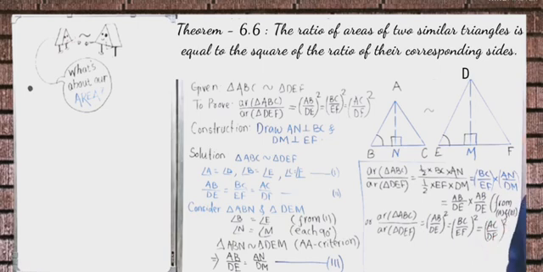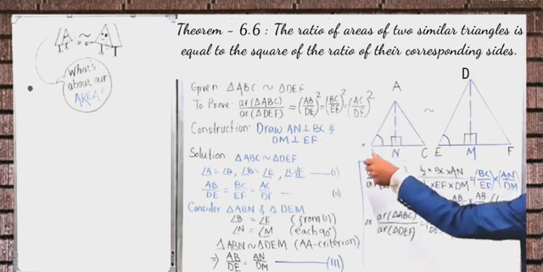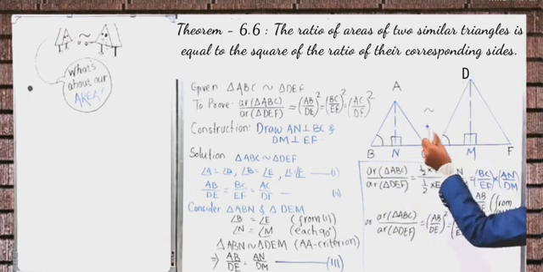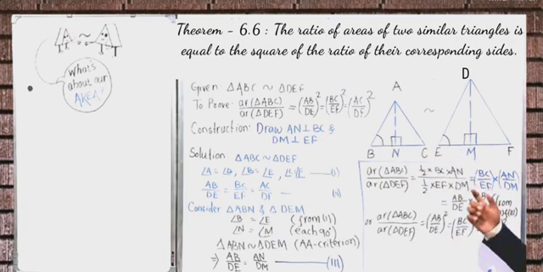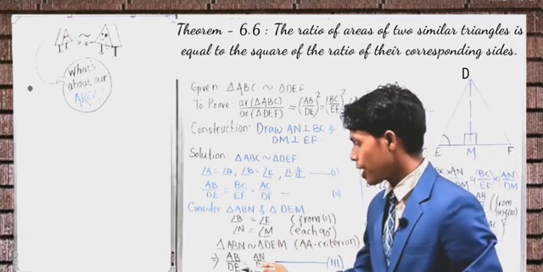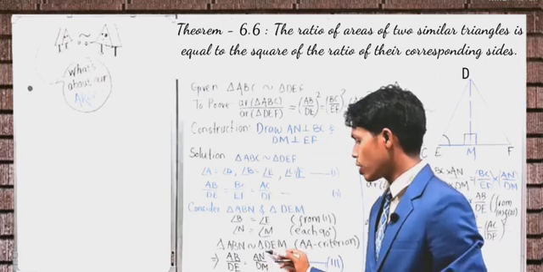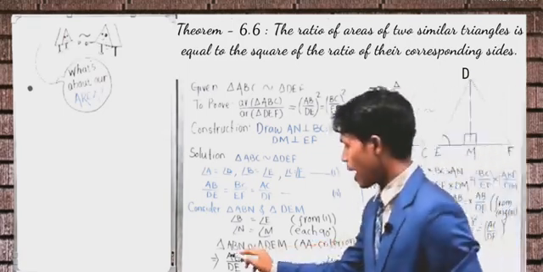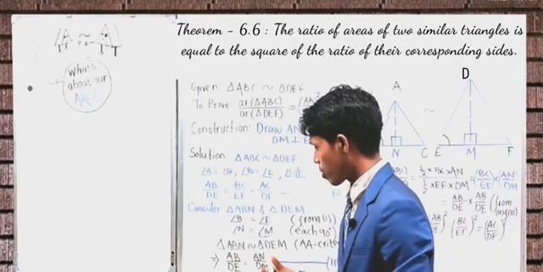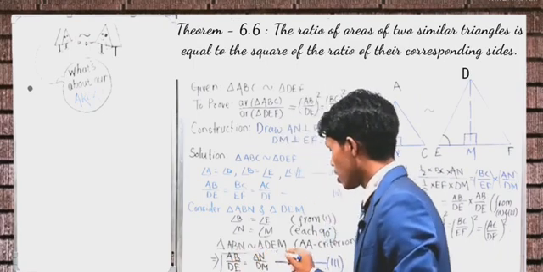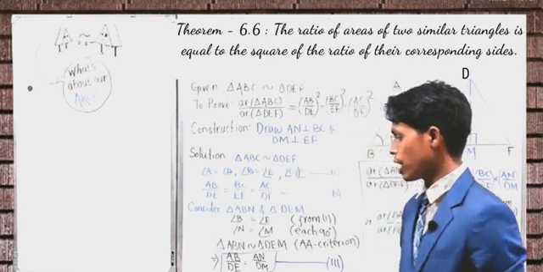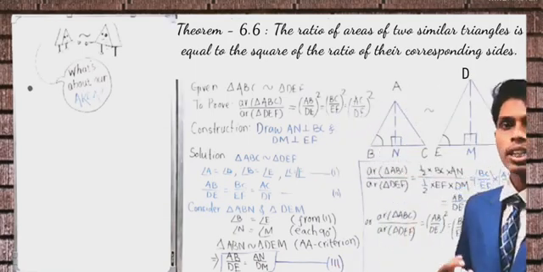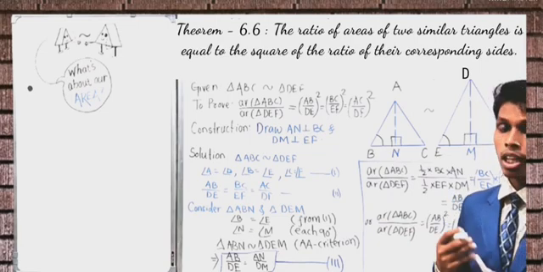Okay, so what we did, we just took these two smaller triangles and then we proved this as similar. Then from that we found that AB upon DE, that is ratio of the side, is equal to AN upon DM, that is ratio of the perpendicular. This is also another important deduction from this. Sometimes this also comes in your exam, that if ratio of the sides is say 2:3, what is the ratio of the perpendicular or the height?